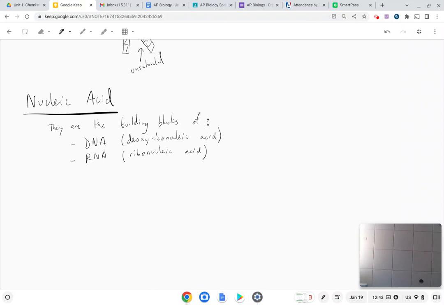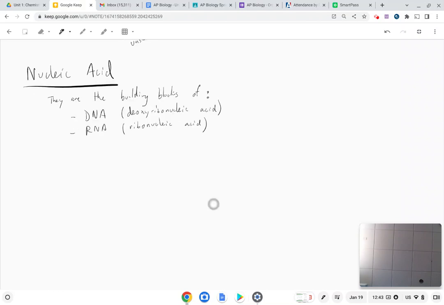You're going to learn many more details about the structure of DNA later, but today I just want you to know that the monomer is the nucleotide. The polymer, once you join the monomers together, would form a DNA strand or an RNA strand.